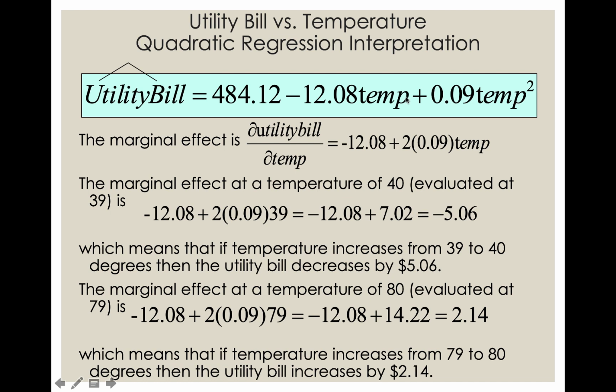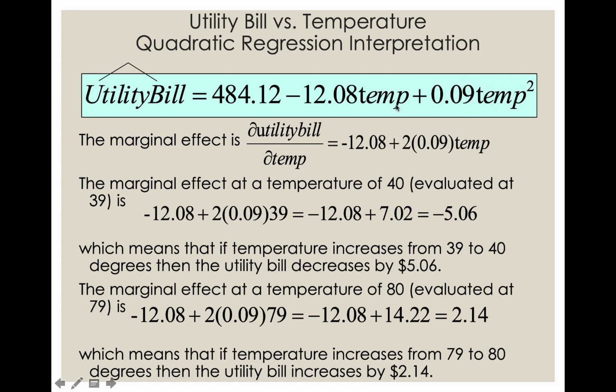Once you have a quadratic or interaction effect, you basically have to look at both of these terms. So even if temperature is not statistically significant, but temperature squared is, you should put both of these in. If temperature squared is not statistically significant, then it would say that there's not a quadratic effect.